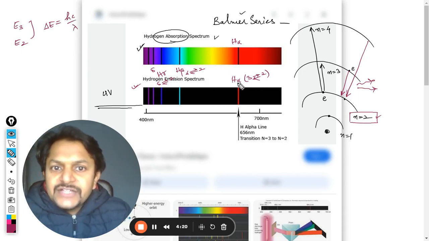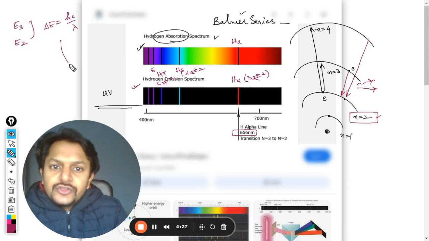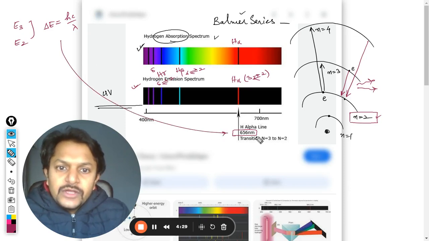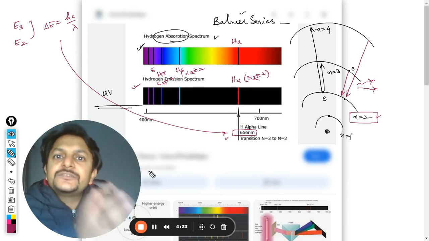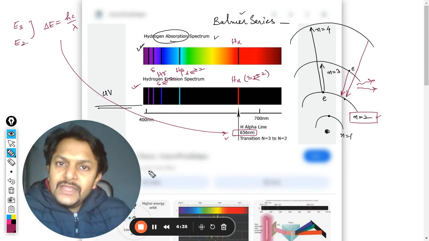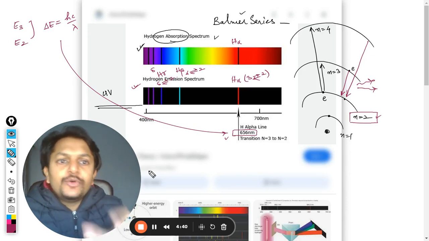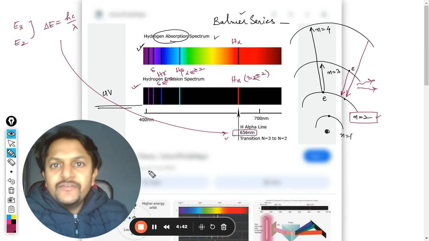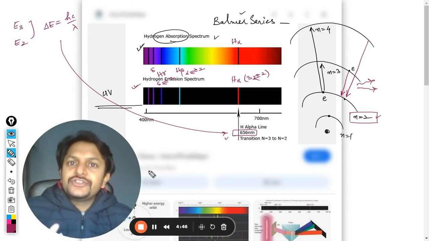In the case of H alpha, theoretically you are getting the wavelength of 656 nanometer, and it overlaps with the experimental evidence. So at least in the case of hydrogen, we can clearly say that Bohr's theory scores very well. At least for the hydrogen atom, it is accepted.